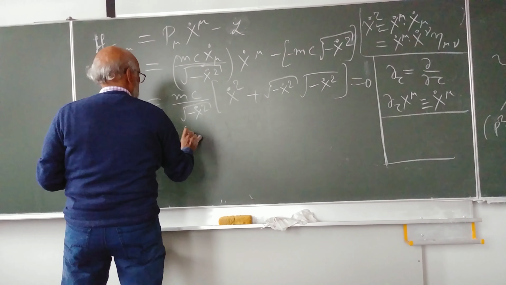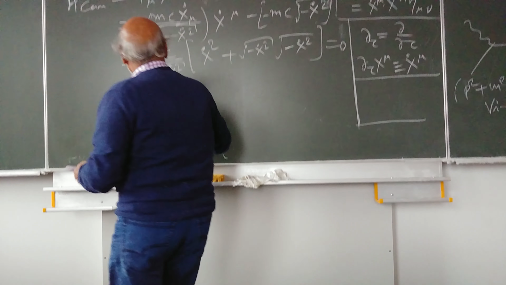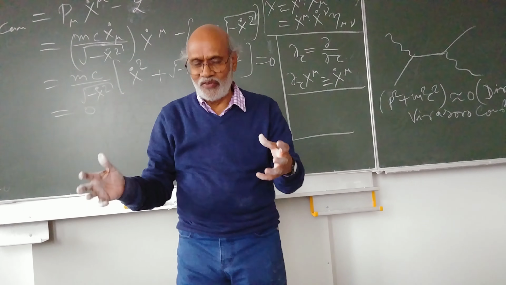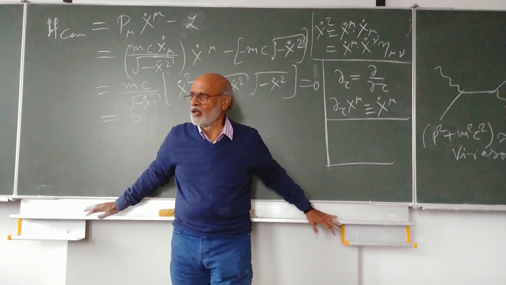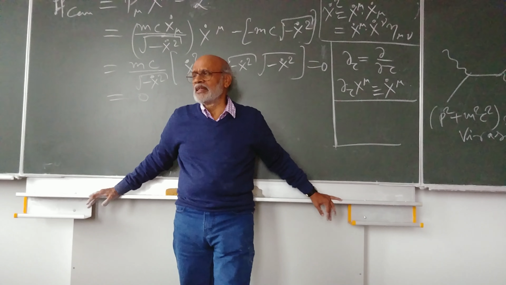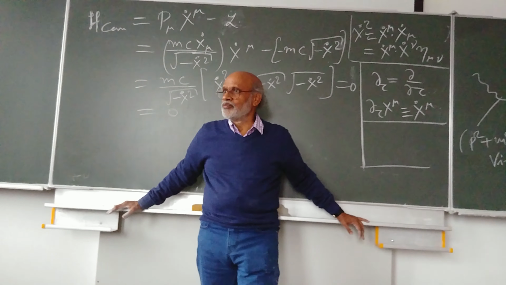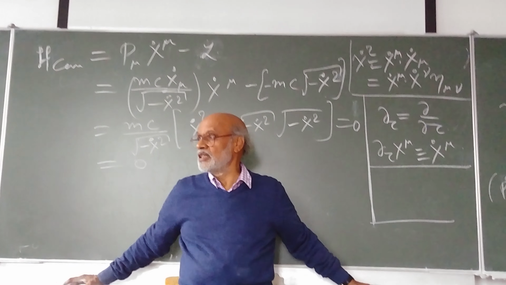So this is identically 0, and therefore once again this is only a manifestation of the fact that it's a severely constrained system. In fact, all of string theory, even gravity theory, is a severely constrained system. Severely constrained means you have a huge number of constraints in the theory.